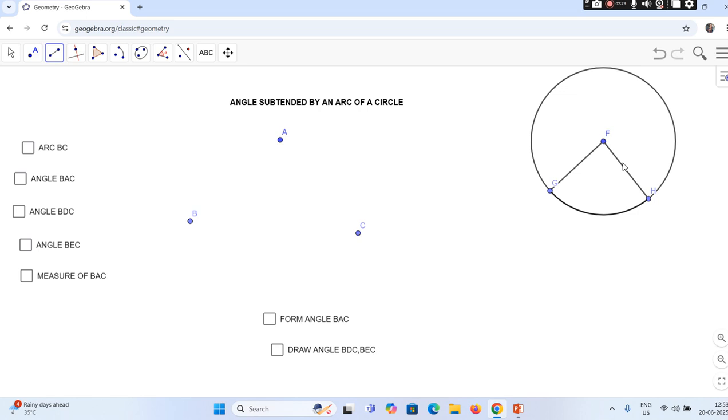So in other words, when you join the radii of the circle with the end points of the arc, you get an angle. Here the angle is GFH. This angle formed at the center is the angle subtended by the arc at the center.